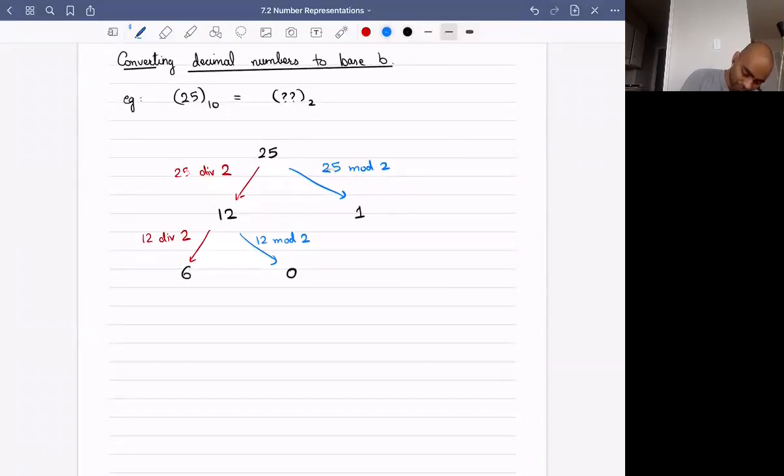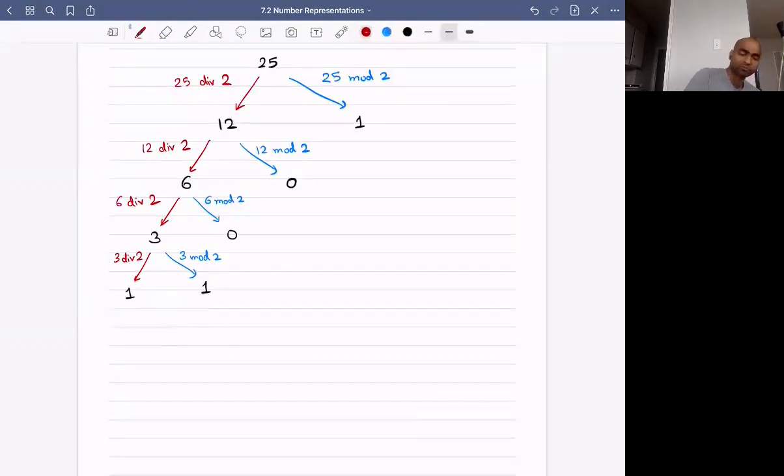You repeat. You do 6 mod 2, then 6 div 2. 6 mod 2 is again 0 because 2 divides 6, and then 6 div 2 is 3. We're almost there. 3 mod 2 is 1, and 3 div 2 is also 1.